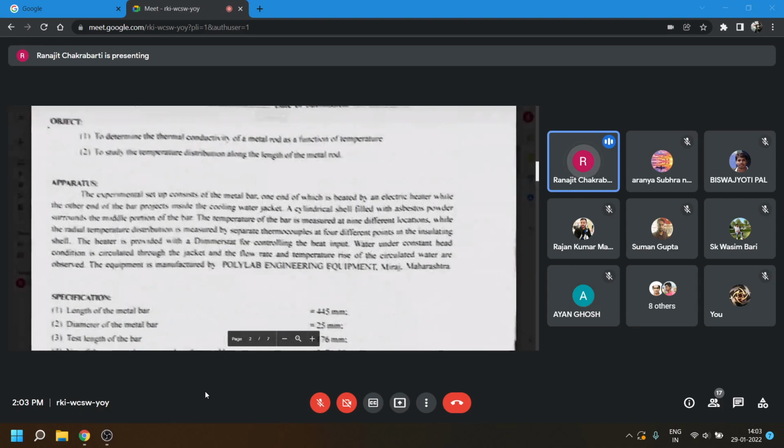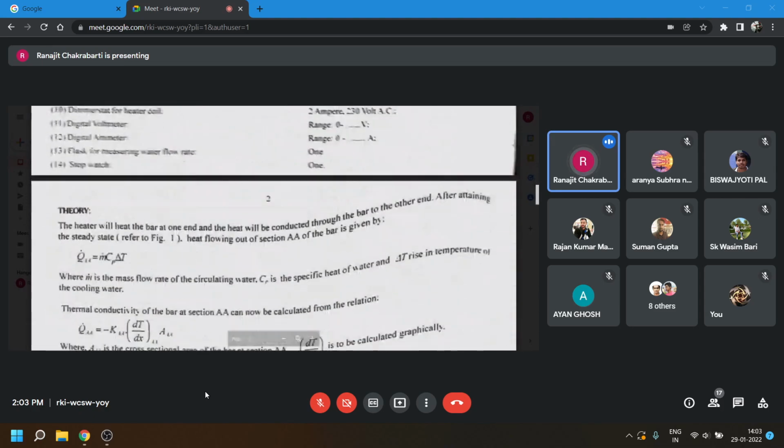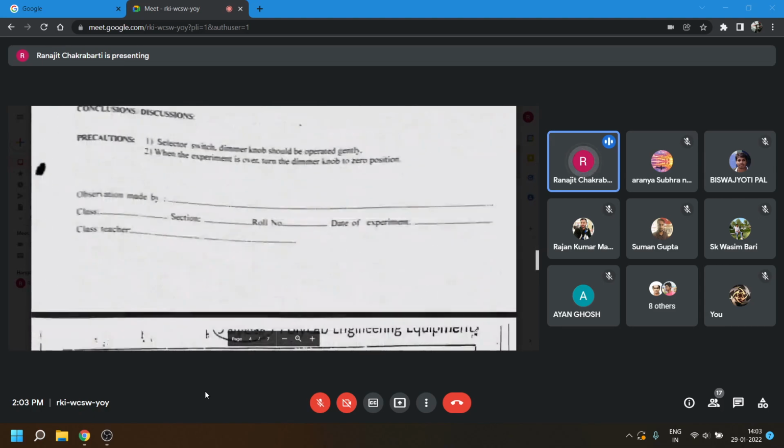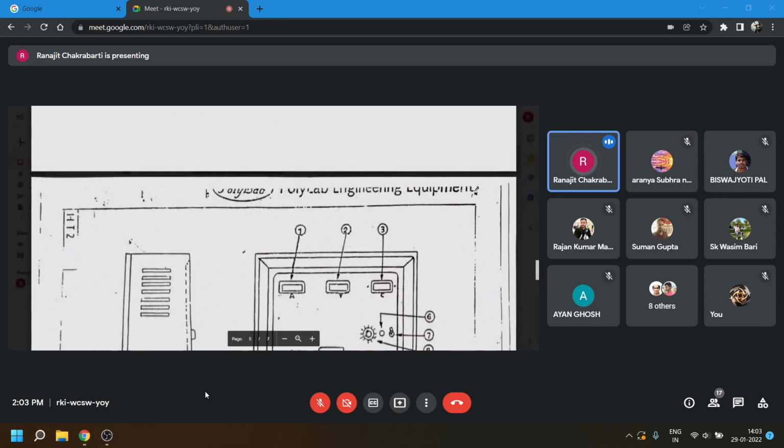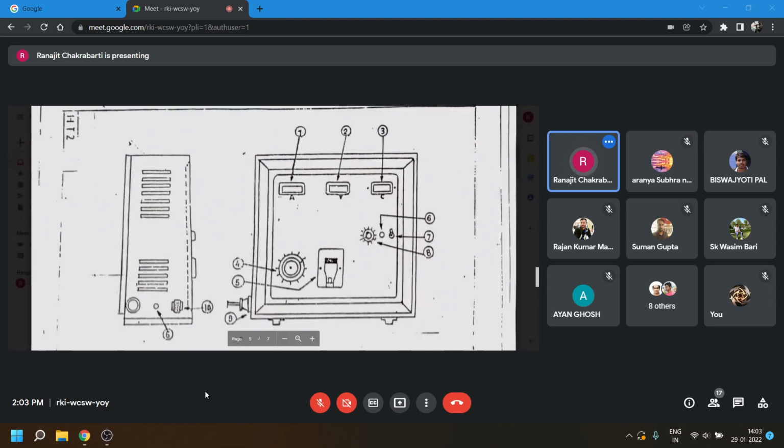A brief experimental setup description is given here. You can read. I have also explained. And this is the electrical panel, as I have shown in the previous experiment also, the same panel. The ammeter, the voltmeter, and the digital temperature recorder.